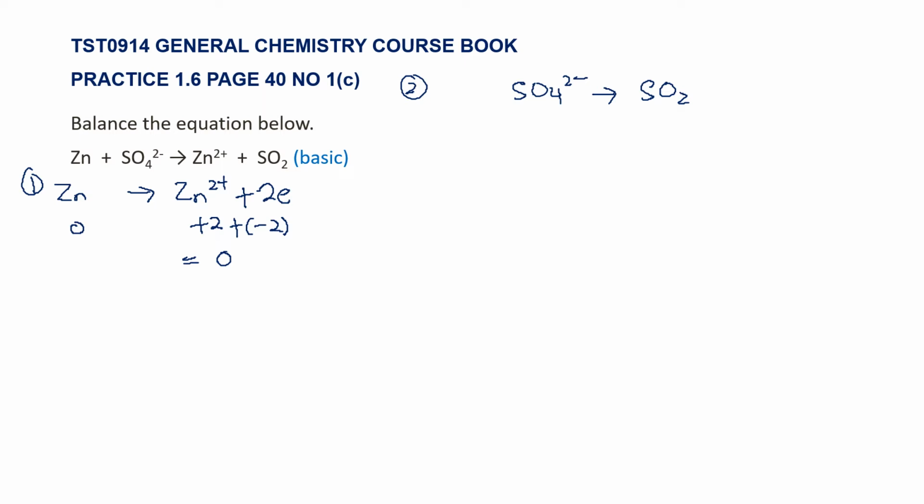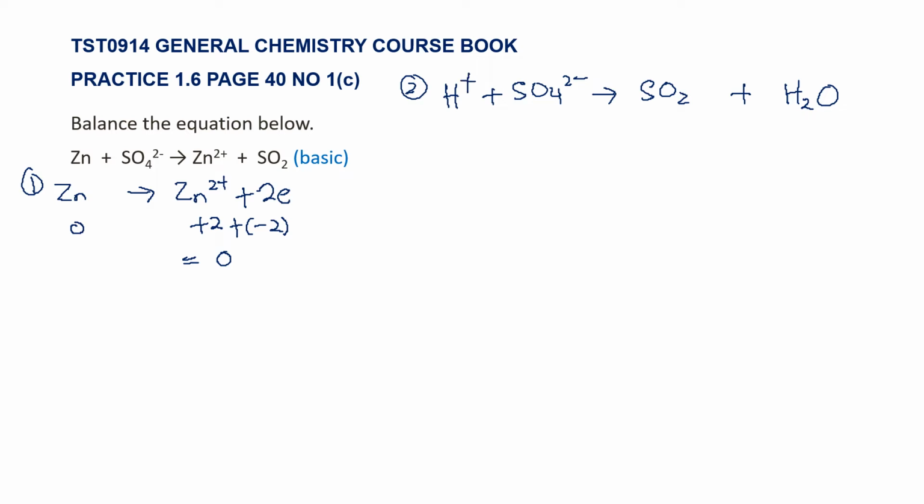We cannot simply multiply SO2 with 2, because it will make the sulfur imbalanced: on the left side we will have 1, on the right side we have 2. So what do we do? We add H2O to the side which has the lower number of oxygen, and on the other side we add H+ to balance the number of hydrogen.